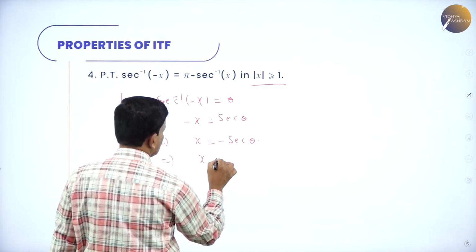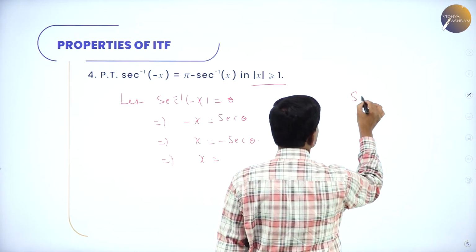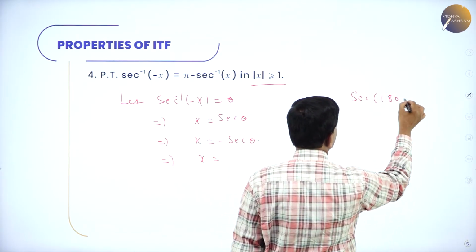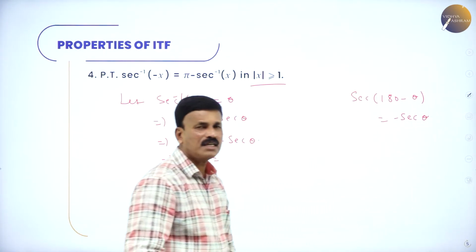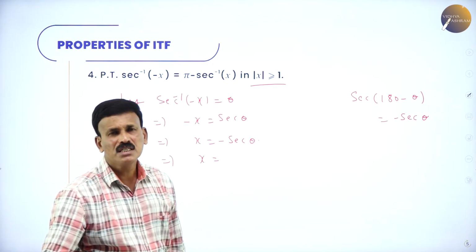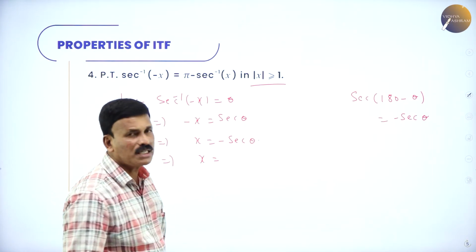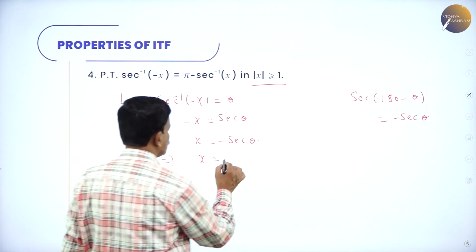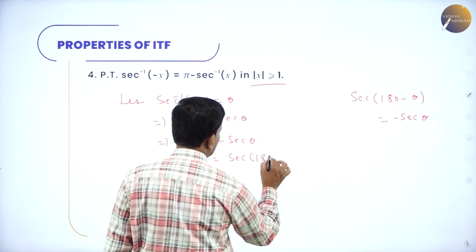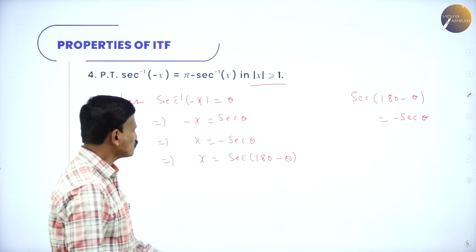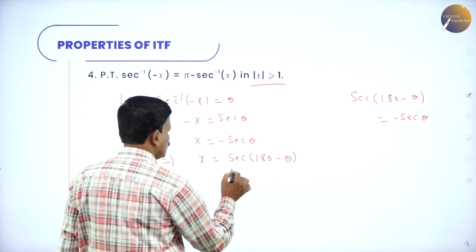Now, secant theta can also be written as: secant of 180 minus theta is equal to minus secant theta. You know, secant 180 minus theta comes in the second quadrant. Sine is positive, remaining overall negative, so secant is negative. Secant 180 minus theta is equal to minus secant theta. So this minus secant theta can be written as secant of 180 minus theta. Just take the inverse for this.